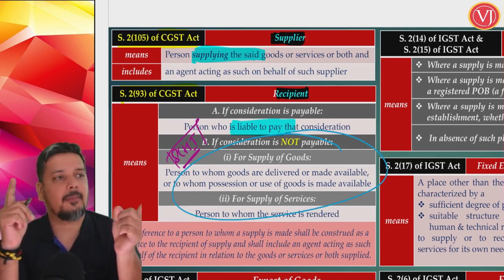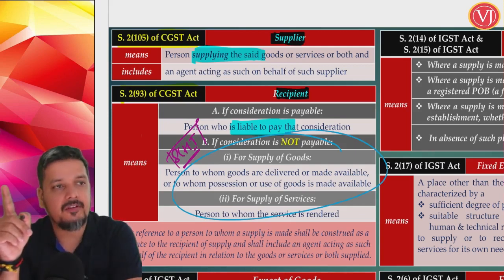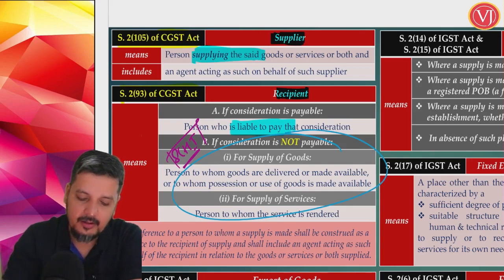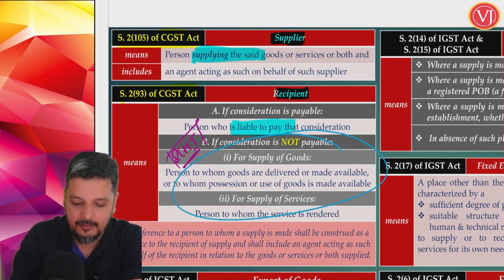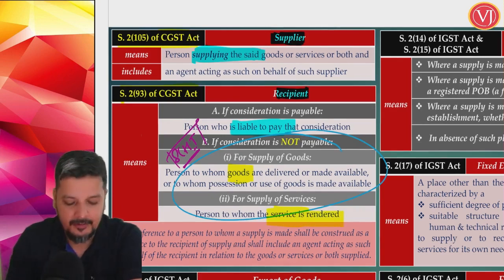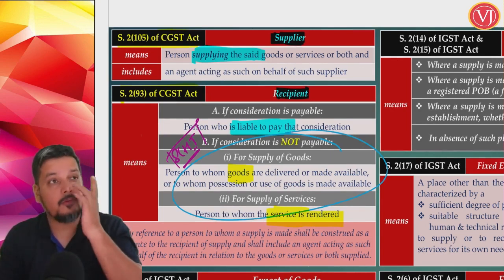Supplier means person who's supplying the goods, services. Recipient does not mean receiving the goods, services. Recipient means the person who's liable to pay consideration if there is consideration. If there is no consideration, then recipient means the person who's receiving the goods or receiving the services. Read the full term: the person to whom the goods are delivered or made available, or to whom the possession or the use of goods is made available.